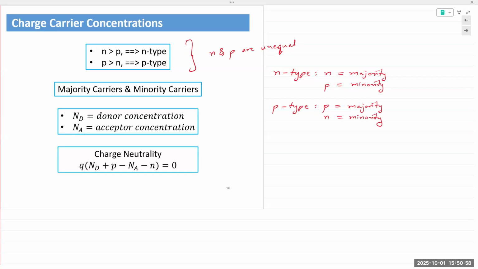Okay. The amount of carriers or the atoms that we are adding on is noted by uppercase N. Okay, so N with a subscript of D and a subscript of A simply indicates the number of atoms that we are adding on. And they are labeled as ND and NA. They are the actual number of boron atoms, phosphorus atoms, or arsenic atoms that we are adding on to our semiconductor material. Okay.